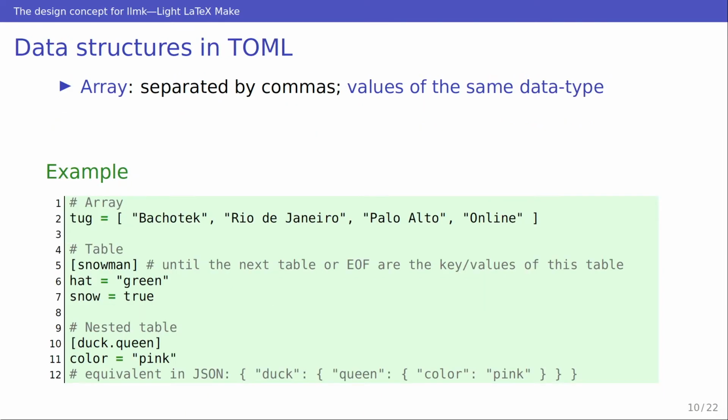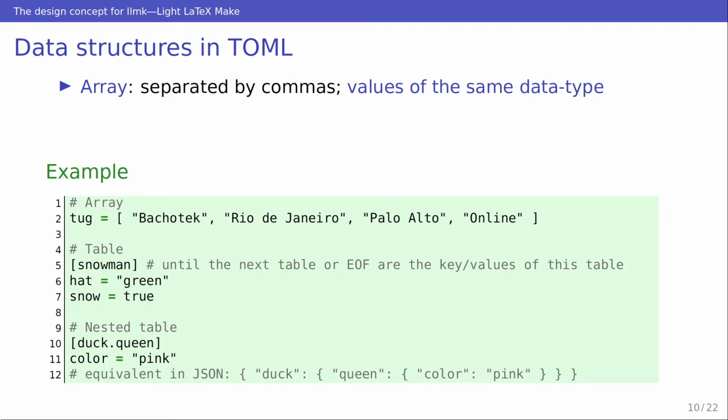There are, of course, data structures in TOML. One simple data structure is an array, which holds values of the same data type separated by commas. Note that values of other data types cannot be included in an array.